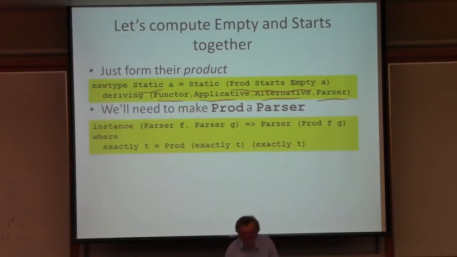Oh well, I also have to explain, because I'm deriving instances for prod, there is no parser instance for prod yet, because parser is a class I've written for this application. So I have to define how to match exactly t in this functor. And of course, what I do is I just use exactly t on each of the two components that I'm combining.